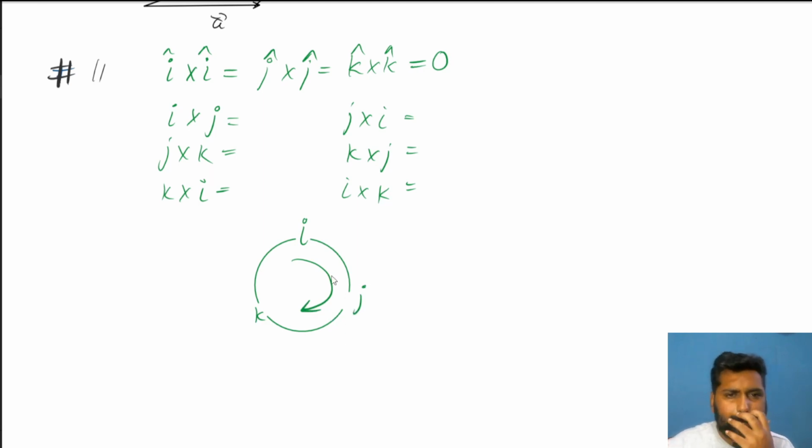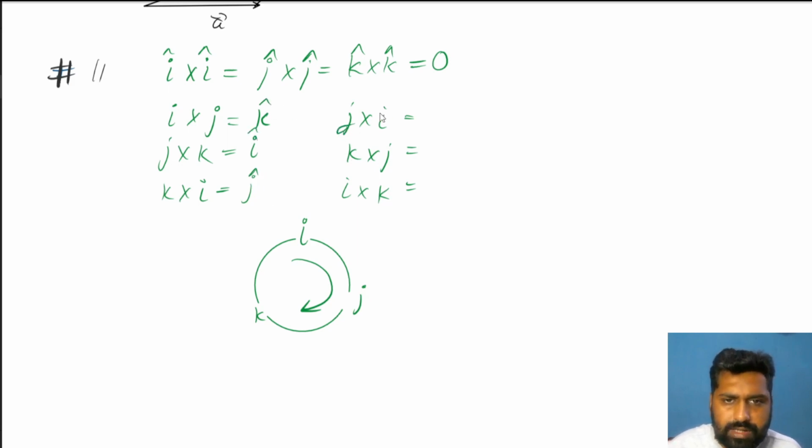Let's see how this helps. I cross j, move from i to j and jump to the next one, that's k. J cross k, move from j to k, move to the next one, i. K cross i, start from k, move towards i, and then jump to the next one, that's j. So simple enough.